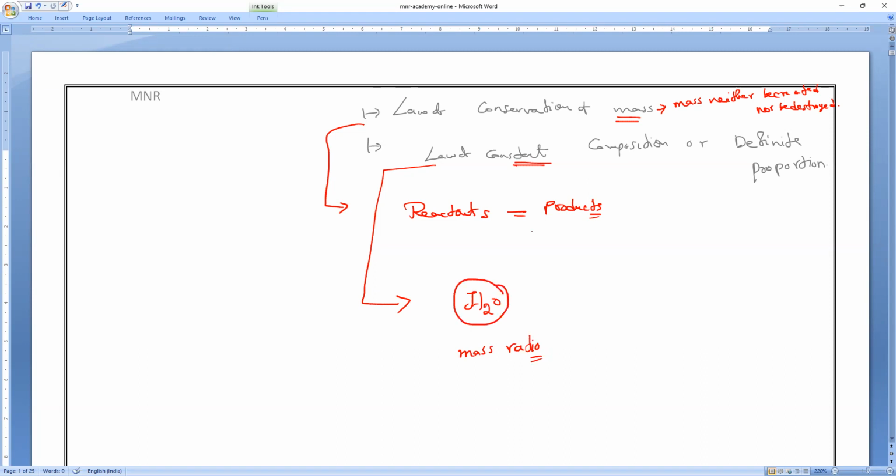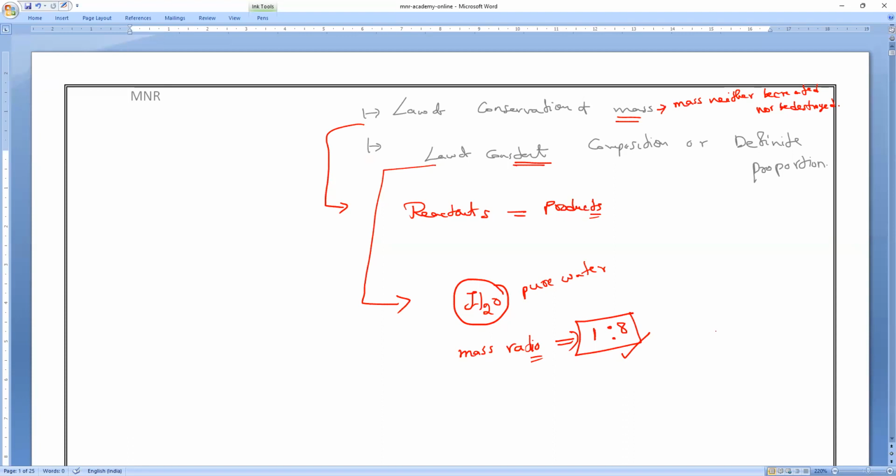If you take pure water anywhere in the world, the mass ratio will always be hydrogen 1 and oxygen 8. I will teach you this ratio, don't worry. If I take another substance, carbon dioxide, it is different. If I take ammonia, different. This ratio always remains constant. That is what we say is the law of constant proportion.